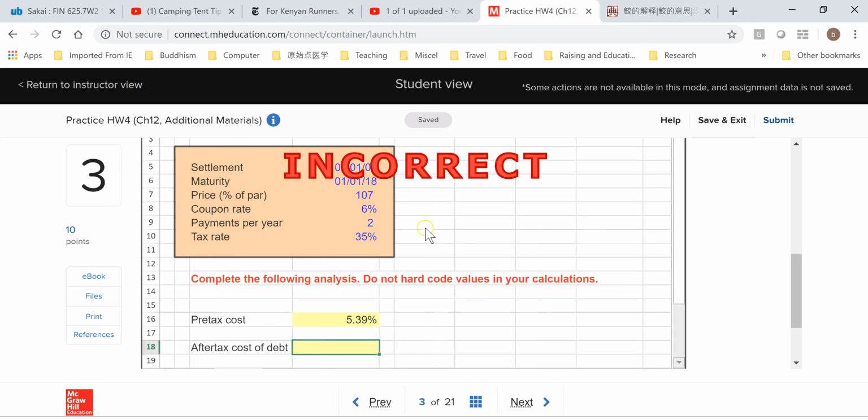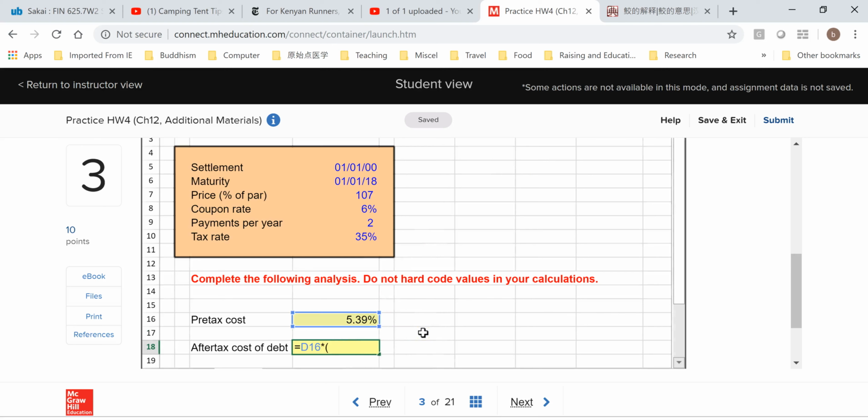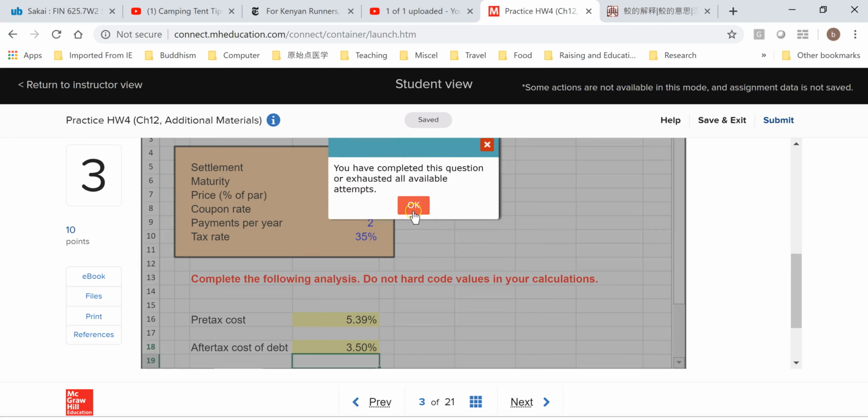You can see that. But if I enter this as pre-tax cost of debt and times 1 minus the formula, which is D10, then you can see I can get the correct answer. Yeah, we have completed this question.